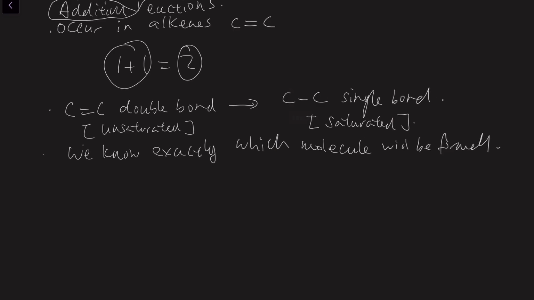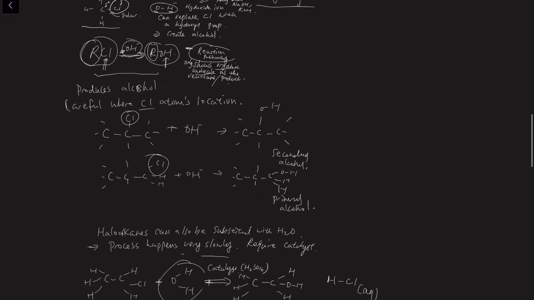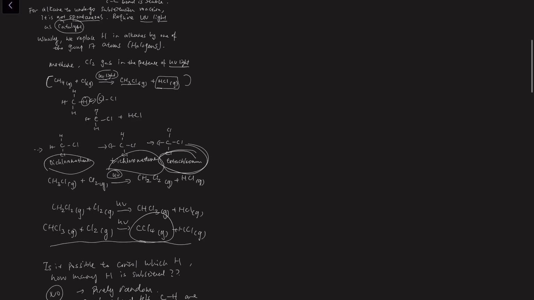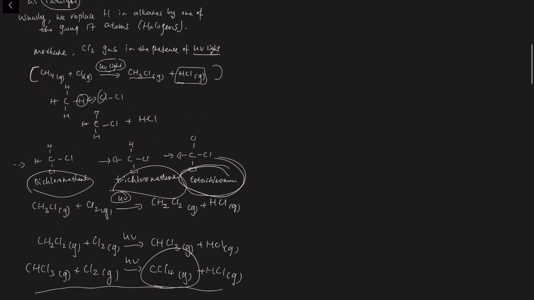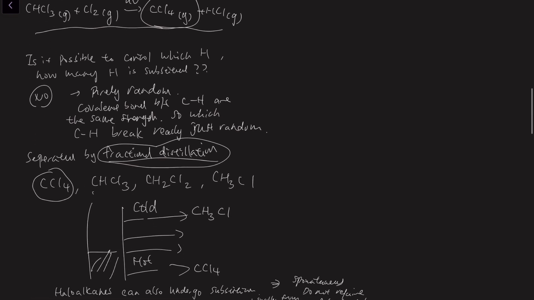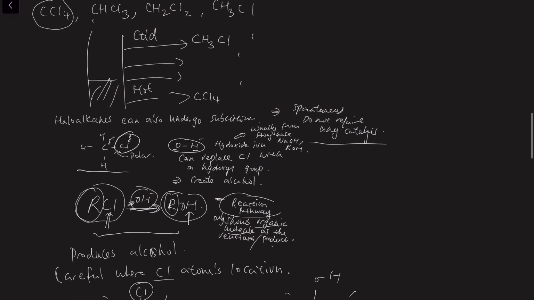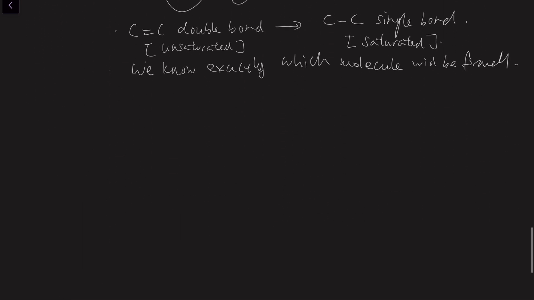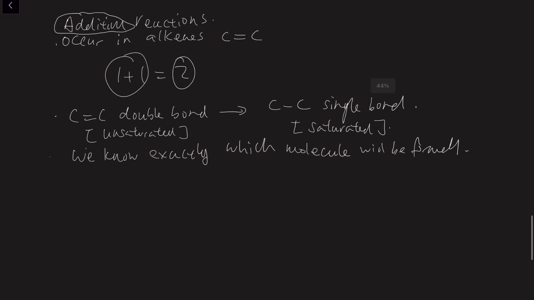So recall from the substitution reaction we discussed earlier, we don't really know which molecule would be formed. So that's why we need fractional distillation to separate them out into different fractions so we can get pure molecule. But for the addition reaction, we know exactly what will be produced.